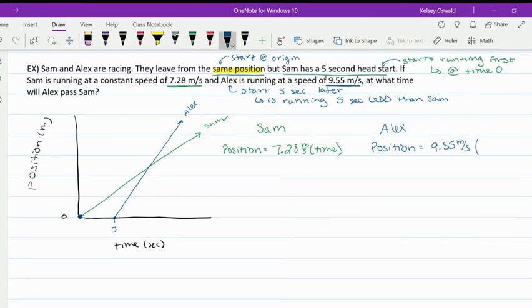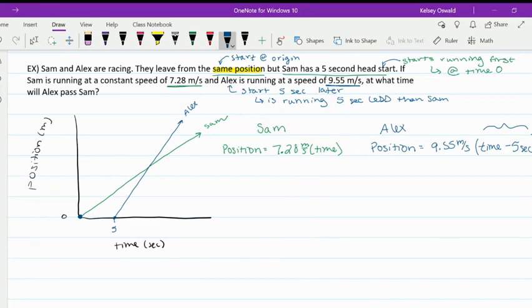So how we are going to show that in our equation is, instead of just multiplying our slope by time, we instead are going to multiply it by time minus 5 seconds. Okay, and we need to put that in parentheses because that whole quantity represents the time that Alex is running. So to show that Alex is running for 5 seconds less than Sam, we need to do this (t minus 5) in parentheses because they leave 5 seconds later.